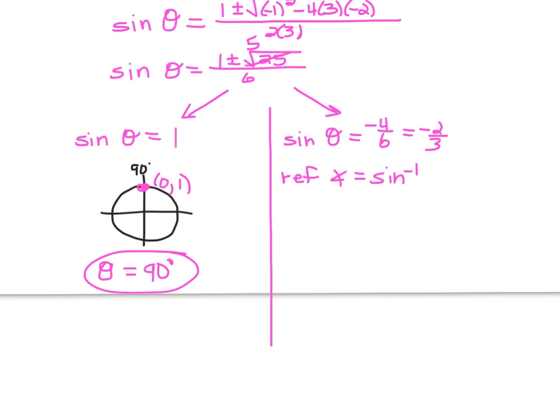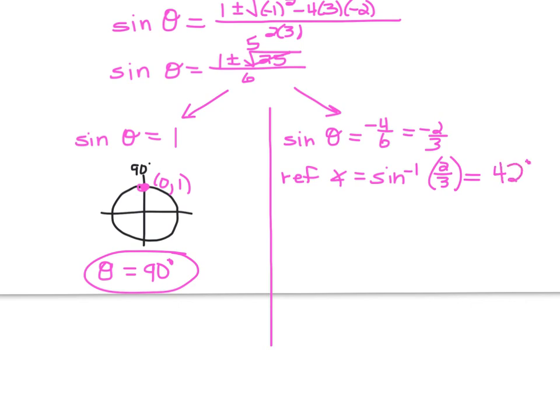So we're going to take sine inverse of +2/3. Okay, we never plug the negative in the calculator when we're solving trig equations. The negative is just going to tell us which quadrants we're working in, which we'll get to in a minute. So when you plug in sine inverse of 2/3 to the nearest degree, I'm getting 42 degrees. Now that's not our answer, that's the reference angle, okay?